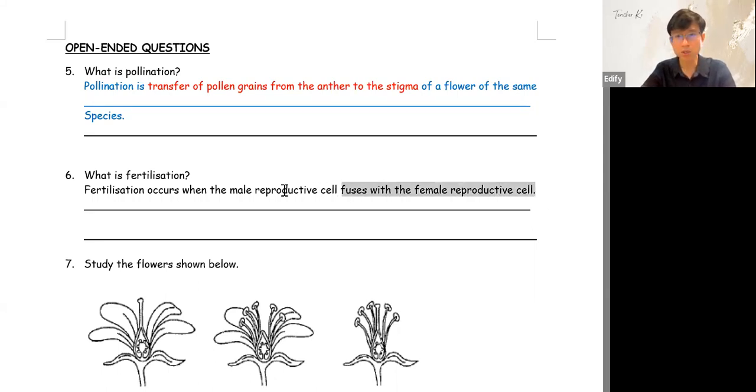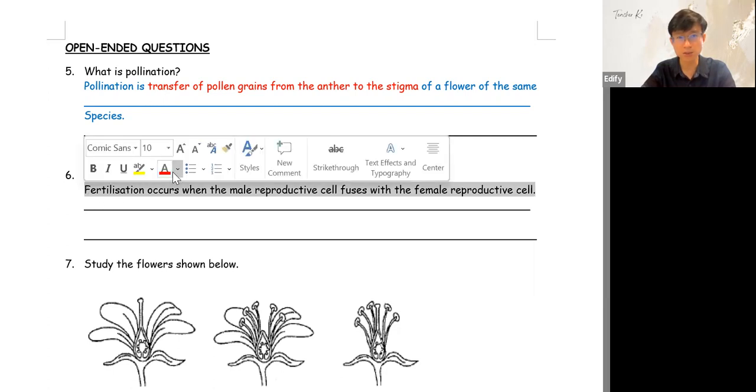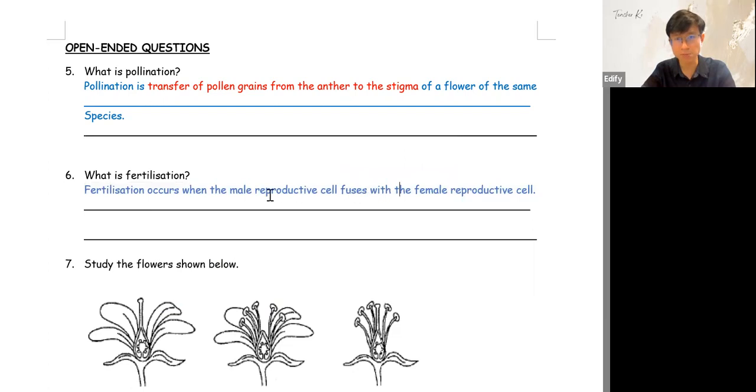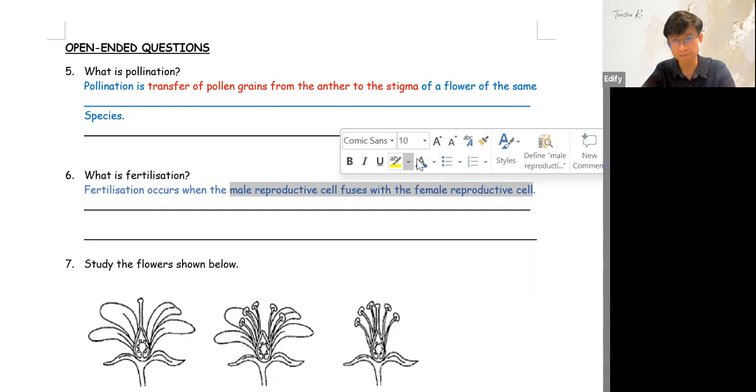Okay, so I'll be looking for the keywords here. Let me see what are the keywords that I think are important. It will be the male reproductive cell fuses with the female reproductive cell.